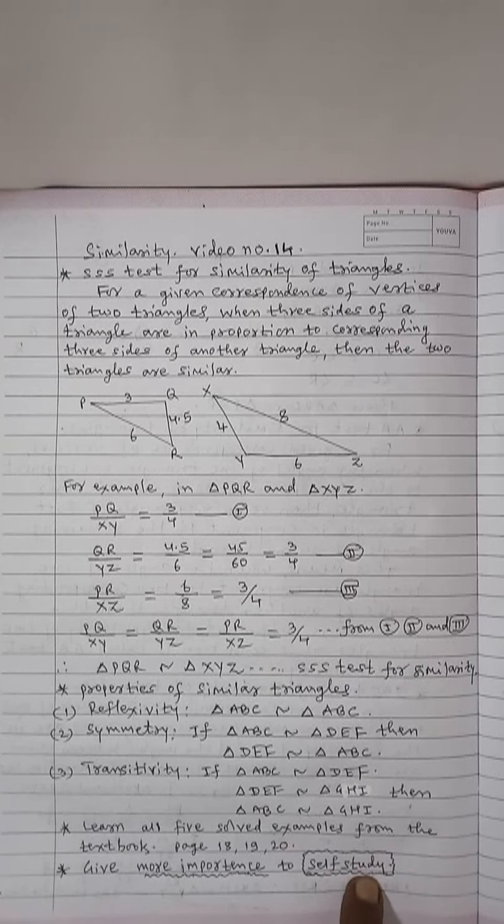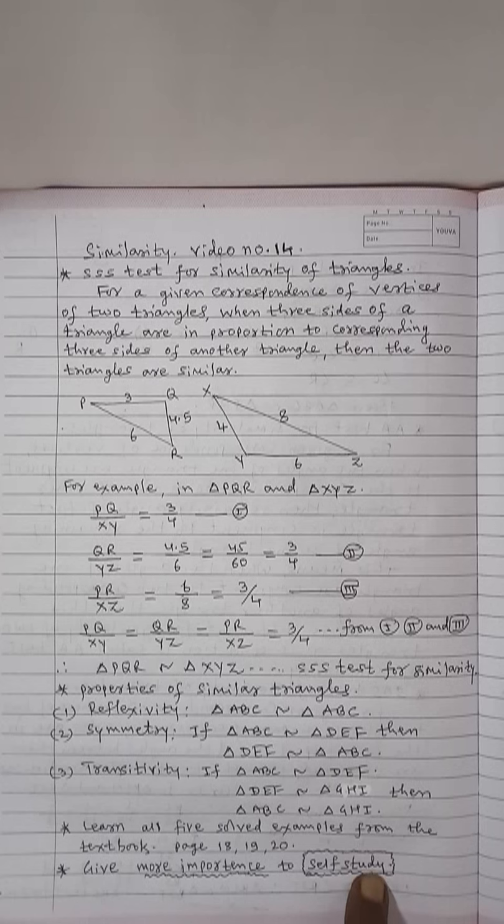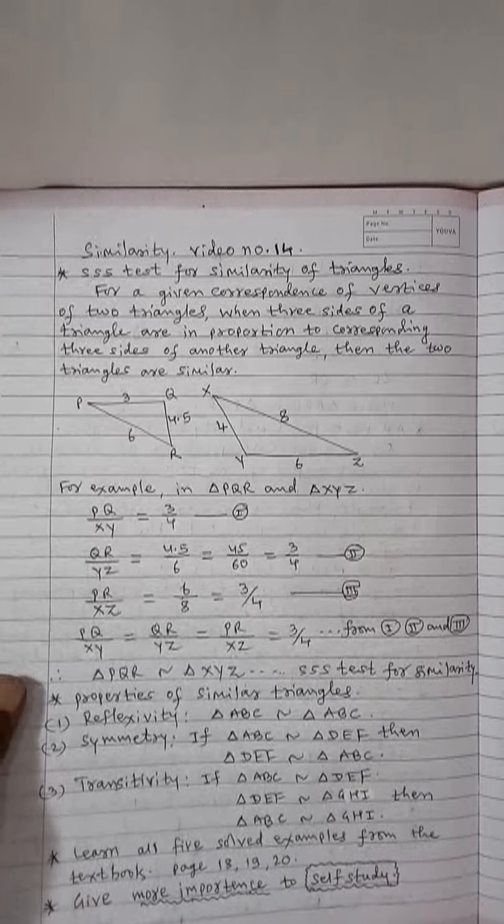Students, as we are not in contact, there is no communication, so you have to give importance to your self-study. Watch the videos carefully, refer to the textbook, prepare well, make your own notes by referring to the videos and the textbook, and you have to upgrade yourself.